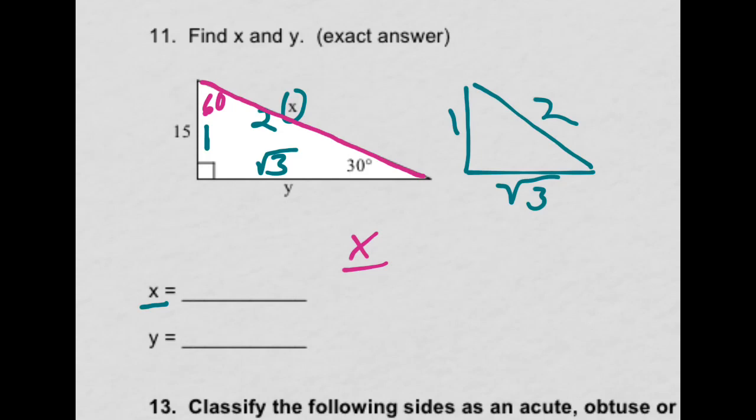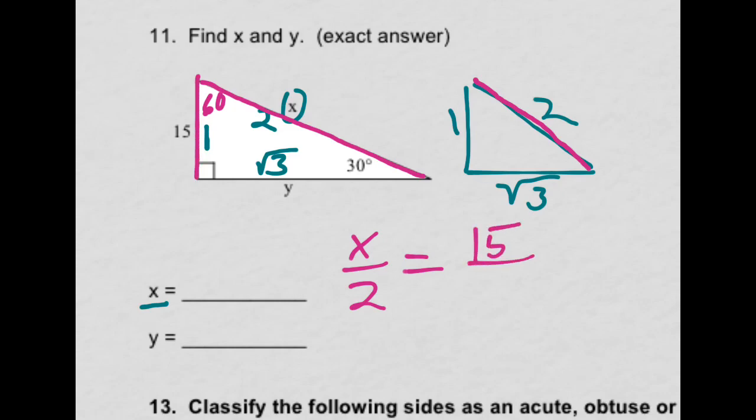So what side of your known triangle corresponds with x? Well, of course, it's the hypotenuse of the known triangle. So you put that measure down here. And then you go for the side of the triangle that you're working on that you know, which is 15. Put it in the numerator.